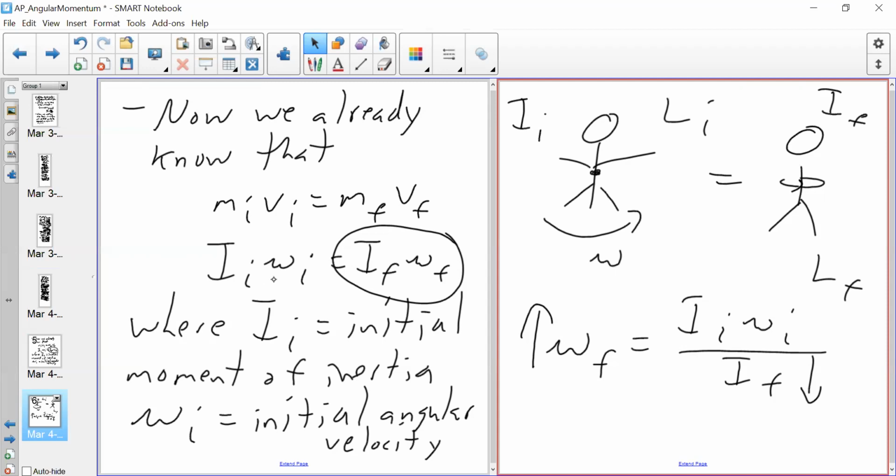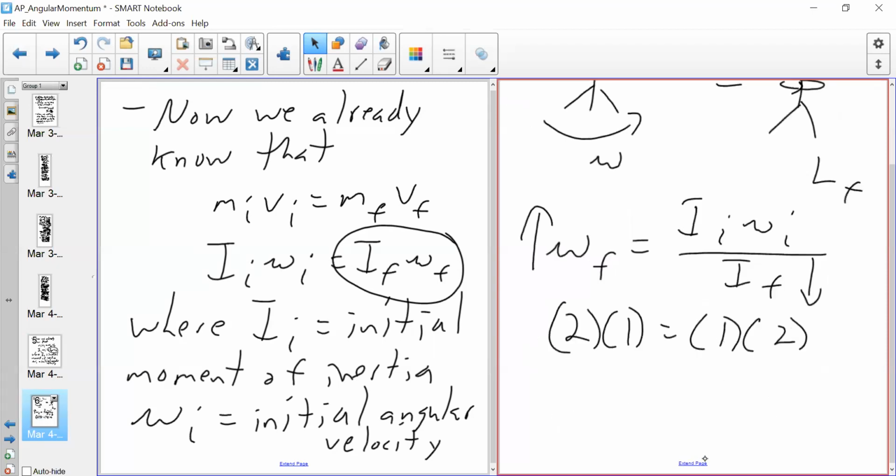So let's say this was 2, angular momentum here, first case 2 times 1, and then this is going to be 1 times 2. So the angular velocity is going to increase. So just a quick example on that. The same amount, but the speeds do change relative to the moment of inertia.